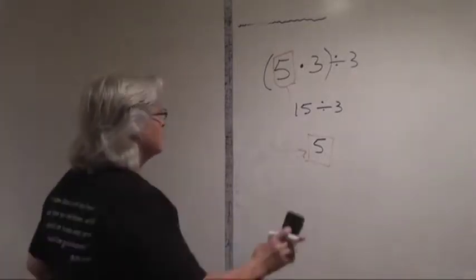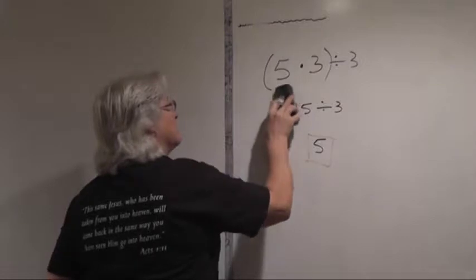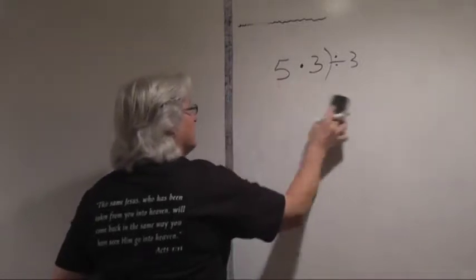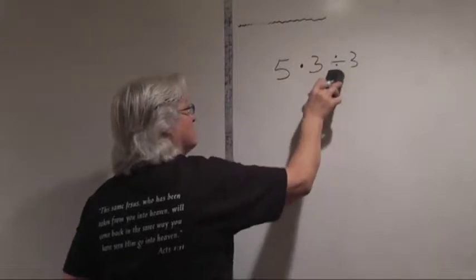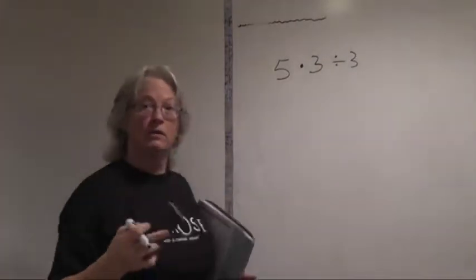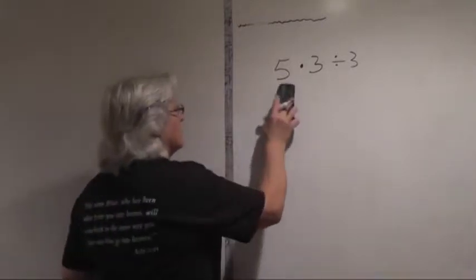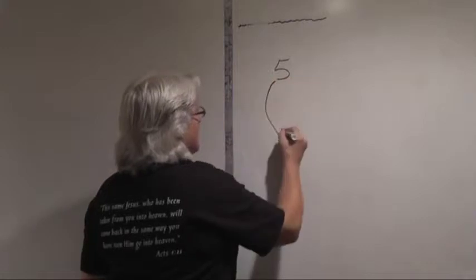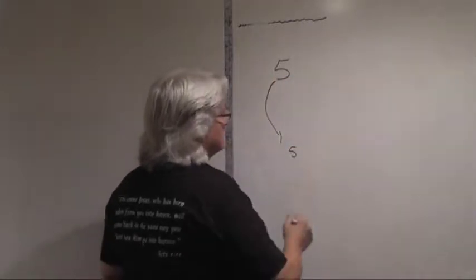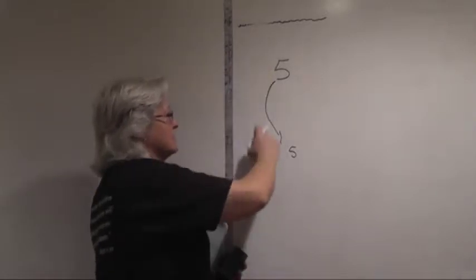When you start with a number, or start with an expression like we did here, with 5, and you multiply and divide by the same number, those operations undo one another, and you end up with no change.